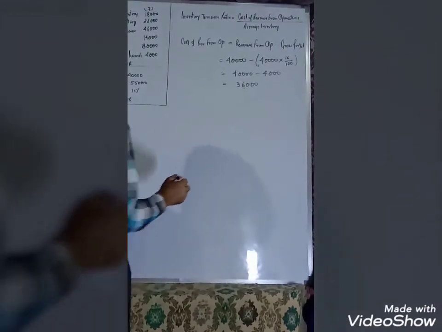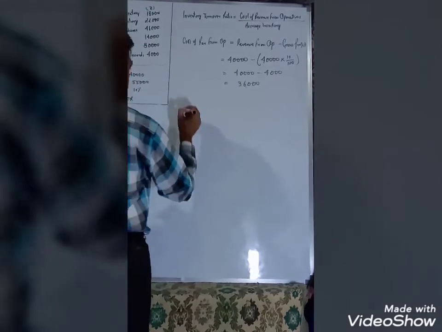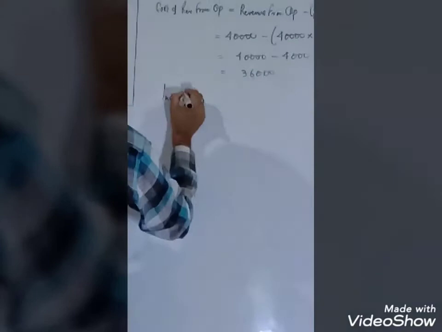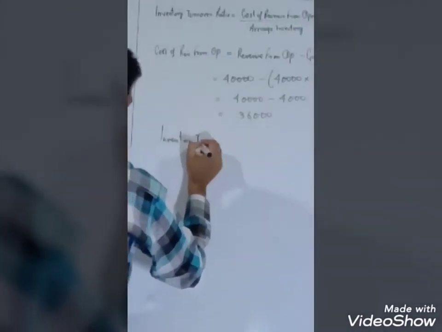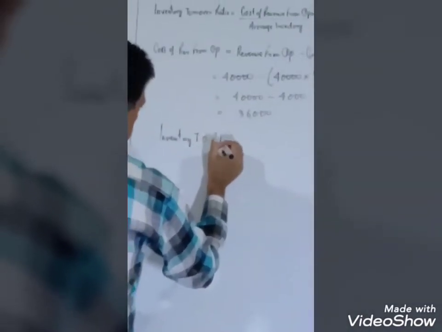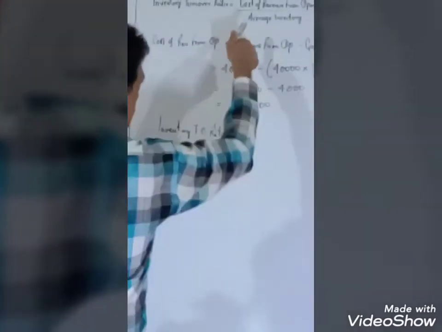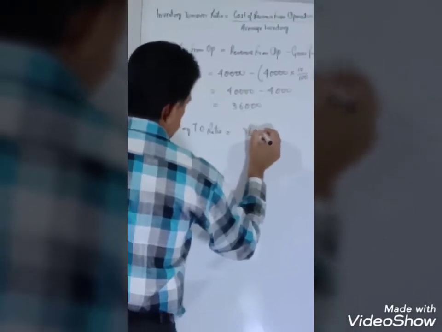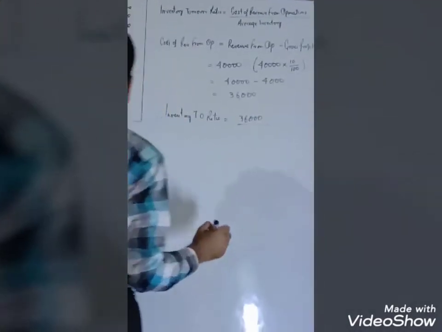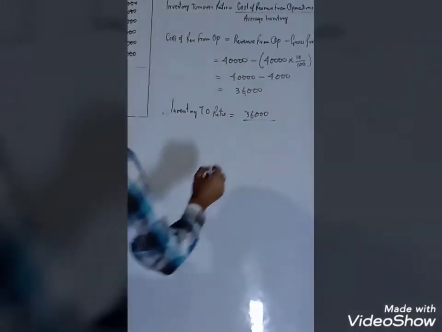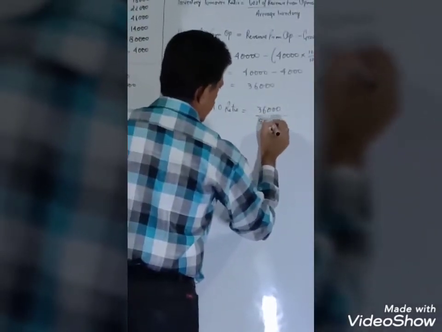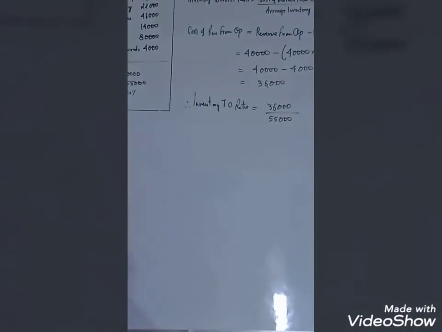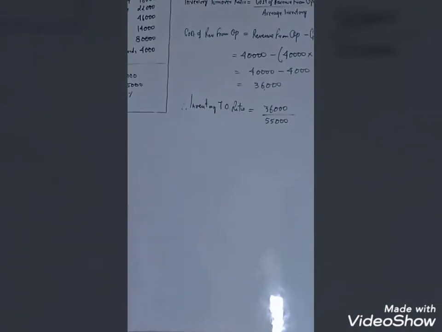On the basis of this information, we may calculate inventory turnover ratio. Therefore, inventory turnover ratio: cost of revenue from operations is 36,000, average inventory is 55,000. Now 36,000 we will divide by 55,000.